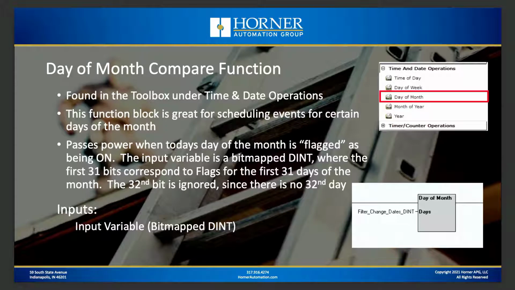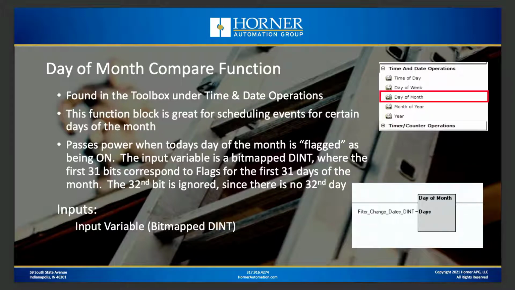The way this function works, it's a compare function, so it's again a power flow type scenario. It basically passes power whenever the day of the month, that is today, happens to match a flag from a double integer register that has a flag for every day of the month. So we've got a bit-mapped double integer register that has 32 bits associated with it.